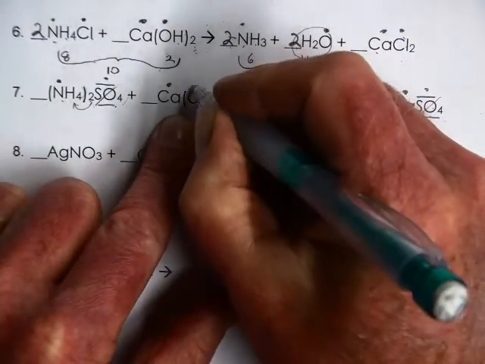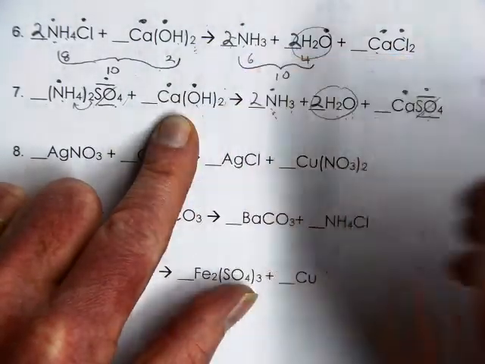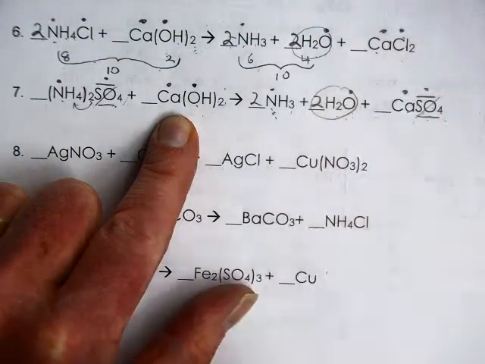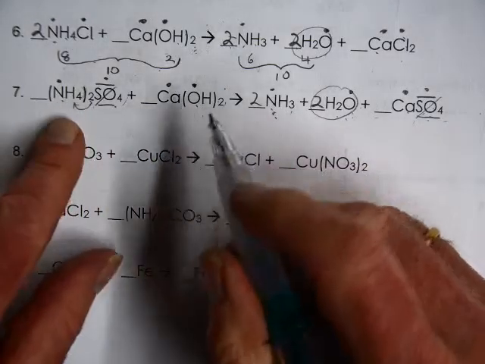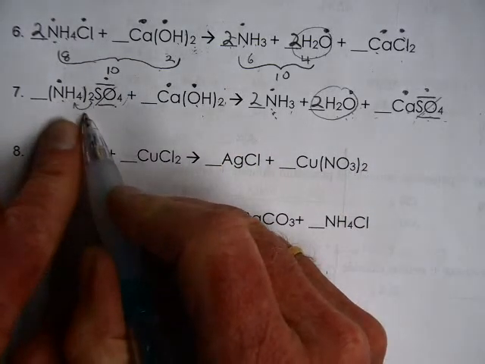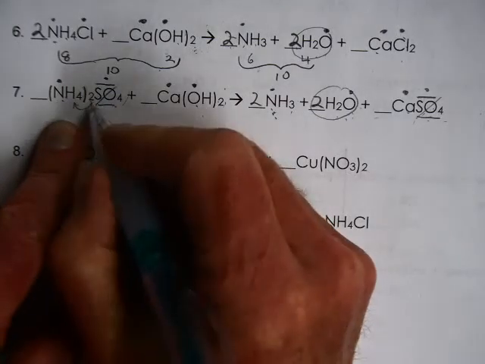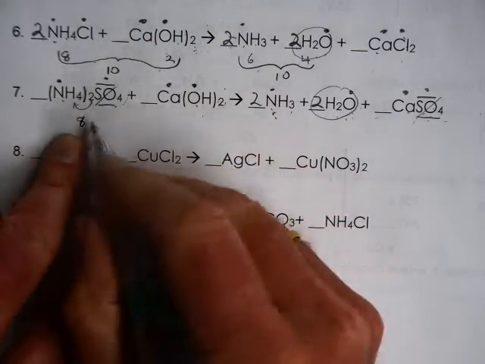So now this oxygen and this oxygen are balanced. Only thing that's left, hydrogens. Again, I got to be careful because hydrogens live in a number of different locations. So let's go back to here. How many hydrogens do I have here? 8. 2 times 4 is 8.